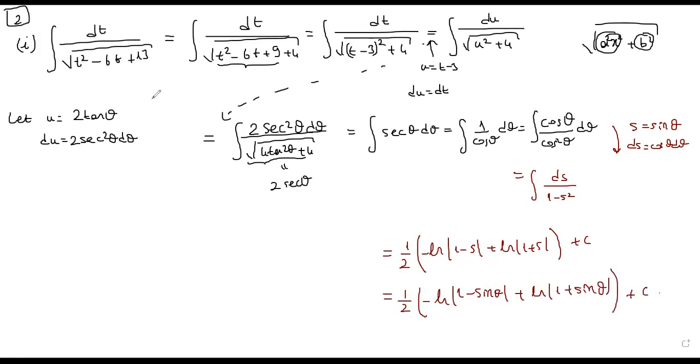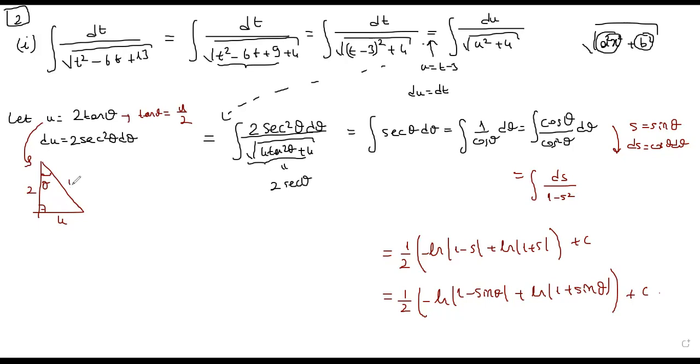Now you see the result should be in terms of t. So instead of sinus theta, we need to write something in terms of u. So for that, I guess you can guess now, we will use that triangle trick. So here it says tangent theta is equal to u over 2, right? So we have u over 2, so we get this.